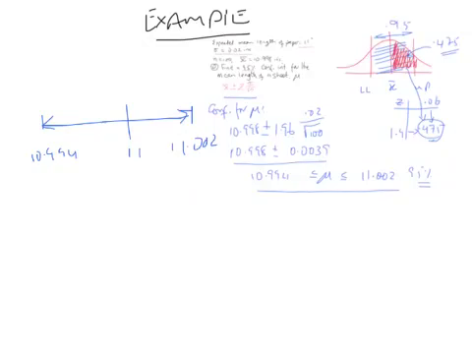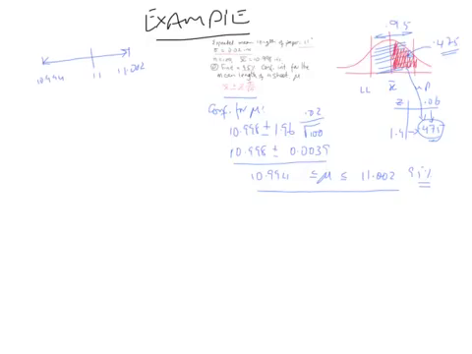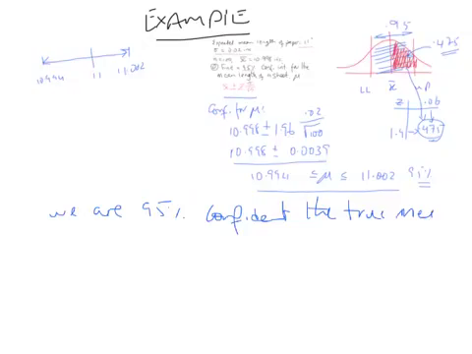All right? So I want you to know how to write the statement, though, around the confidence interval. So you should be able to write this and say, we are 95% confident the true mean, whenever we say true mean, we mean population mean.